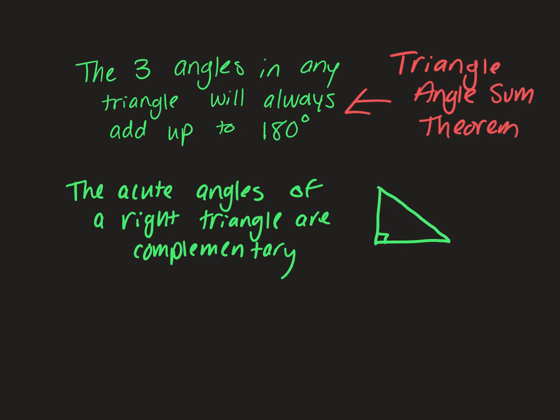That angle right there is how many degrees? 90. So this says that the other two are complementary. What are complementary angles? They add up to 90. So if this is 90 and all three are 180, then the other two have to add up to 90. So this angle, I'm just going to color, and this angle are going to add up to 90.